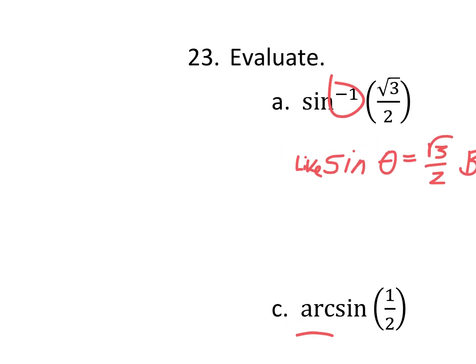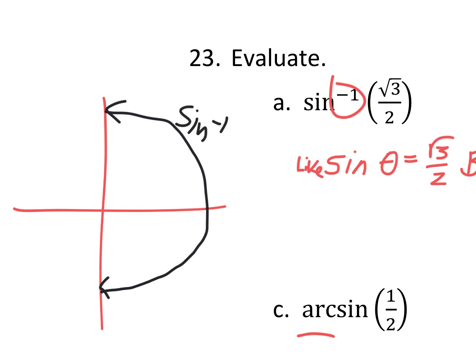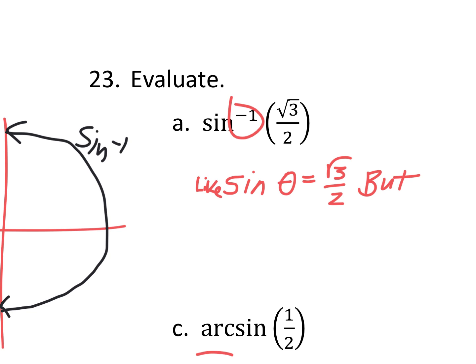So strong recommend that right now you write down this diagram. This is where inverse sine can live. So do you get I'm restricted? I can only be in quadrants 1 and 4. And since sine is positive, see there's no negative here.